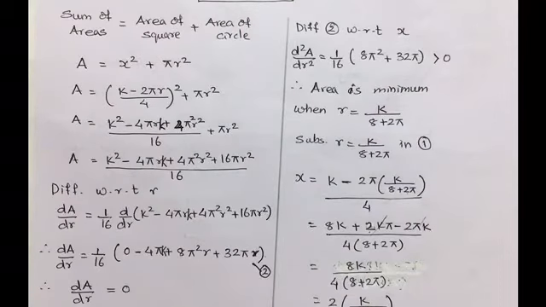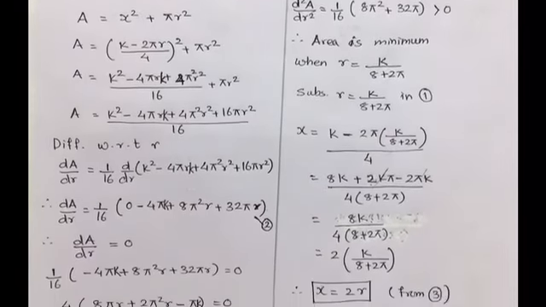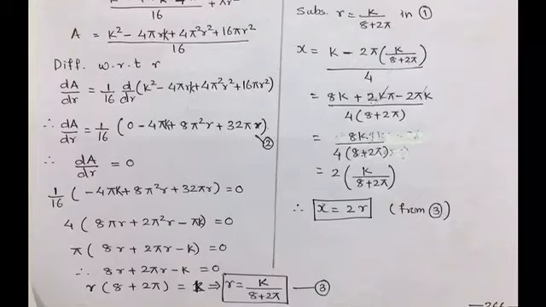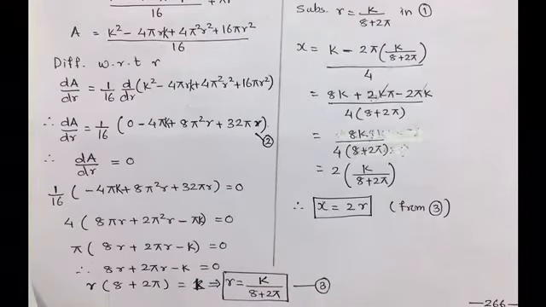Now to calculate the radius, we need to equate it. The first derivative is equated to 0. So 16 goes there, becomes 0. 4 is taken out common, so we get 8 pi r plus 2 pi square r minus pi k equal to 0.